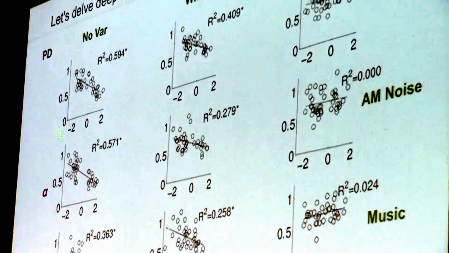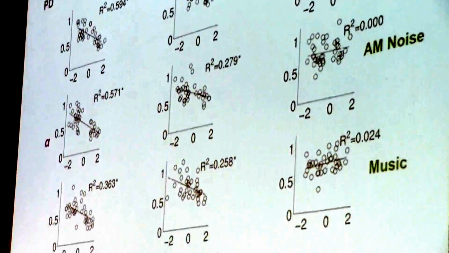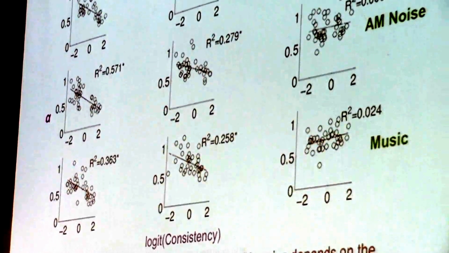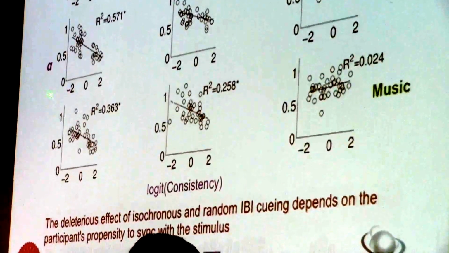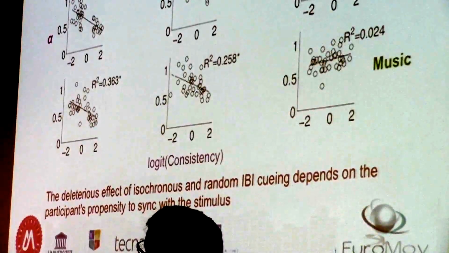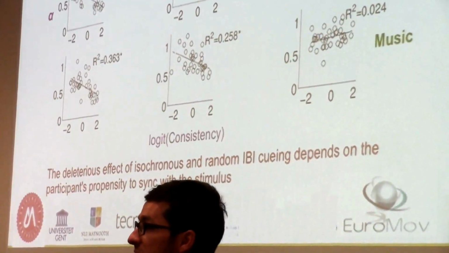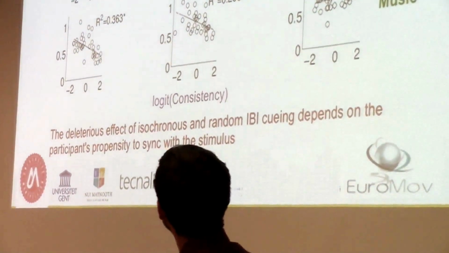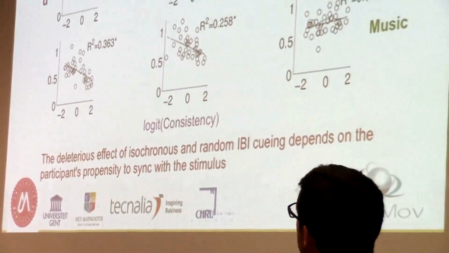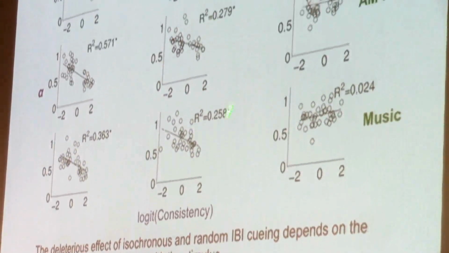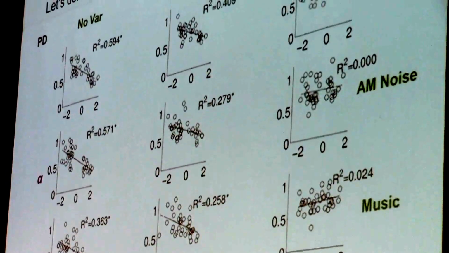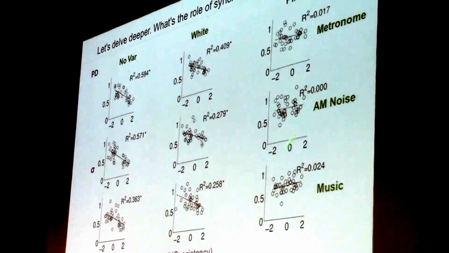And here, in all cases, you have on the y-axis the alphas. So the more they synchronize, the more their alphas drop. This is when they synchronize with a stimulus that has no variability. For the white, it's similar, but it's less. So a little lower exponents, coefficients, I'm sorry. And for the pink, the interesting part is that there's no correlation.